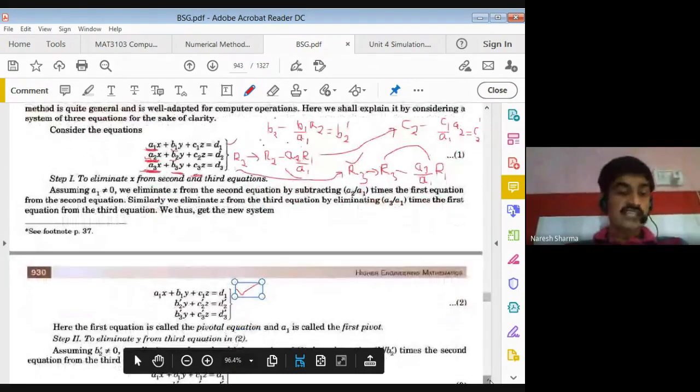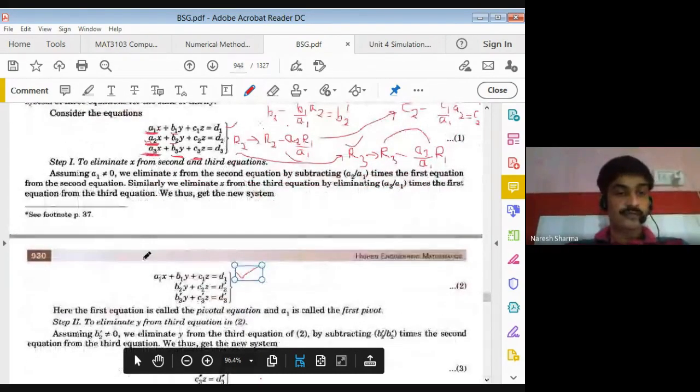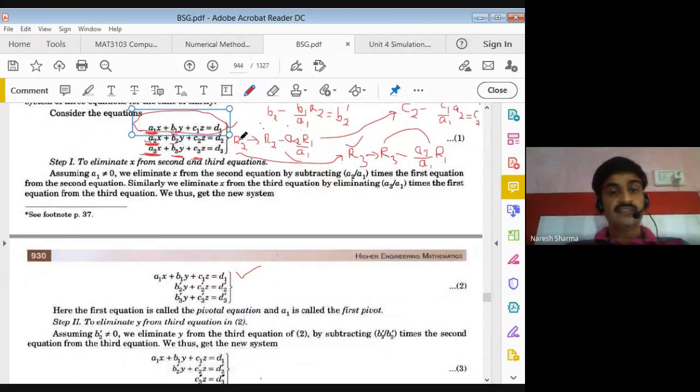As you see here, we use only the first row, and we make these formulas of R2 and R3, that is row operations, by using the first element, that is this one only. As we use the first row, this first row is called the pivot equation.